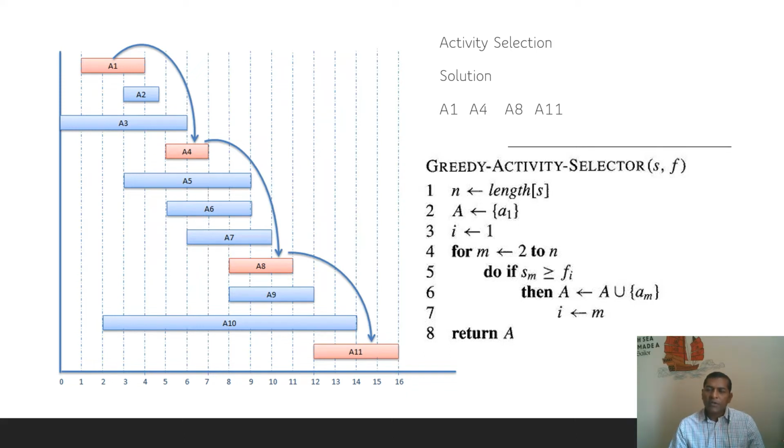Once we sort these activities by finish time, in ascending order, we get a proper order with which we can select an activity that is not going to overlap another activity.